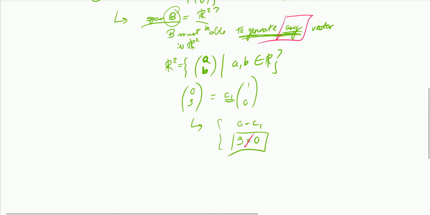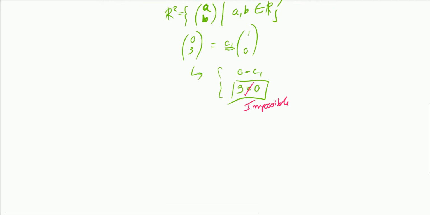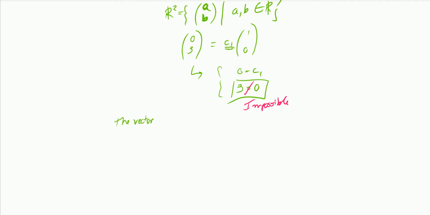This is impossible. So as a result, the vector (0, 3) is not generated by B, by the set B.